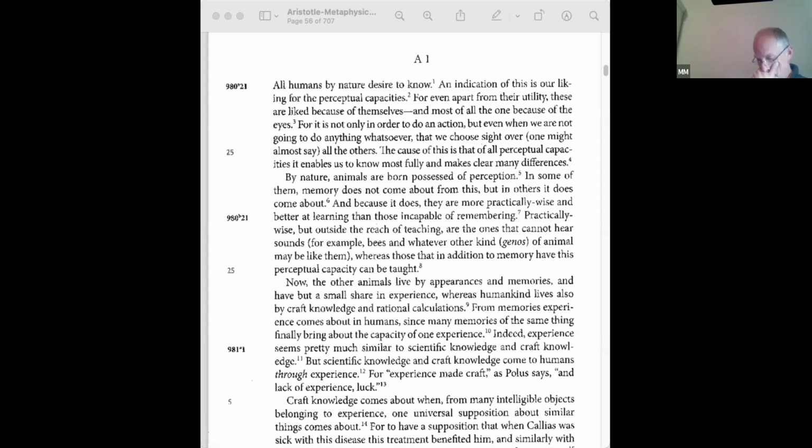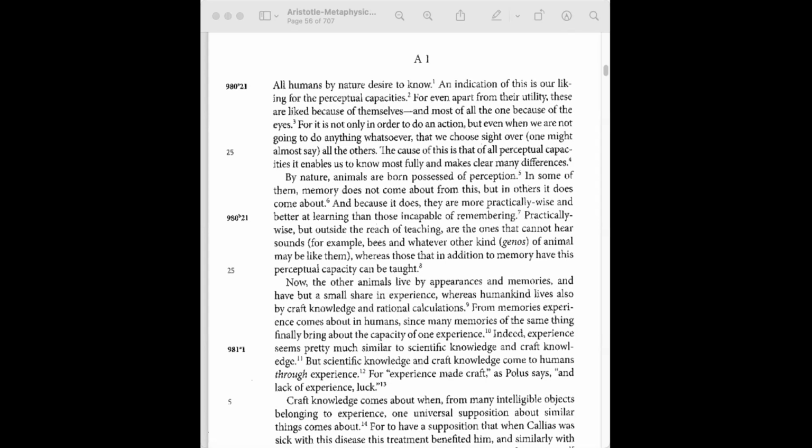When he says experience made craft, that would mean that the experience has moved from being just that, but has built up into a craft. So that was just my understanding of it.